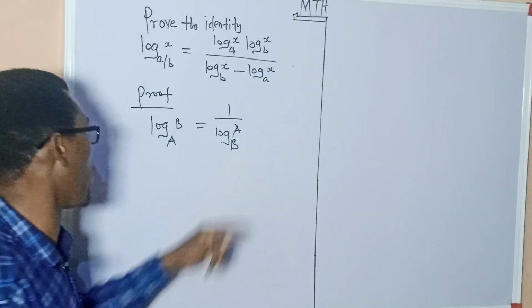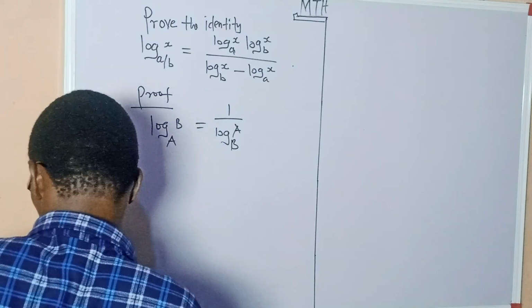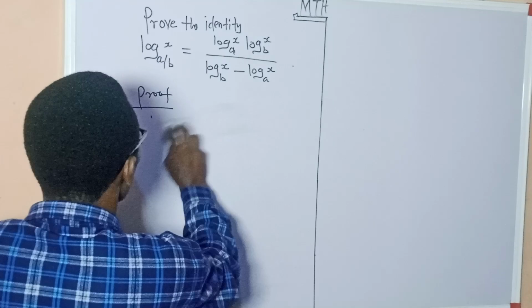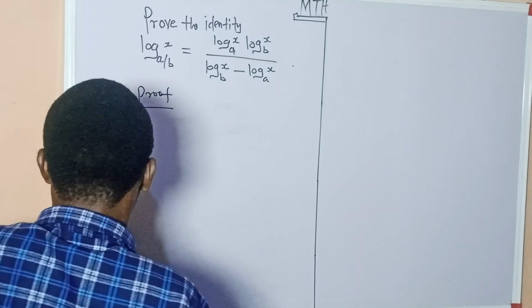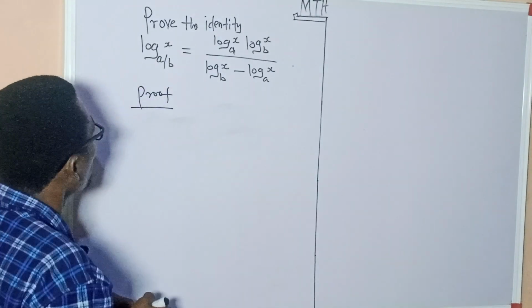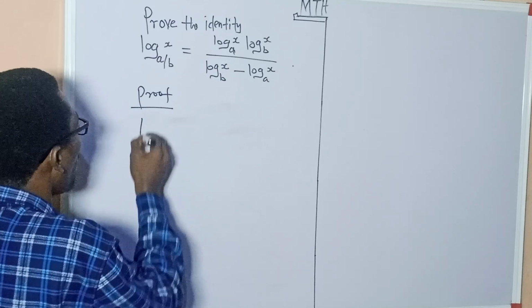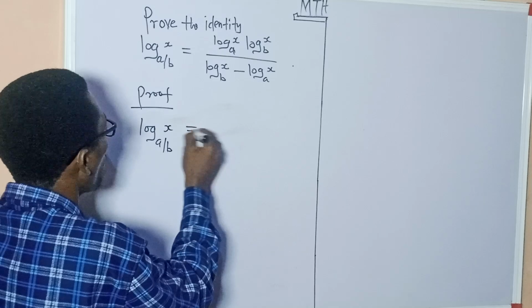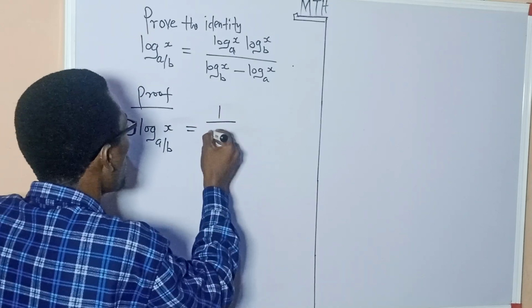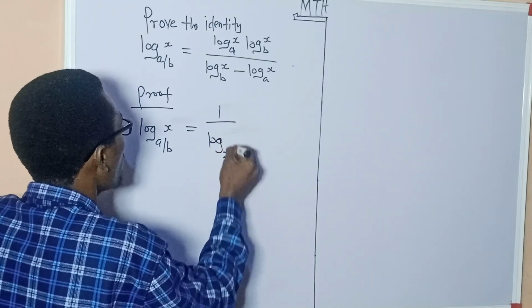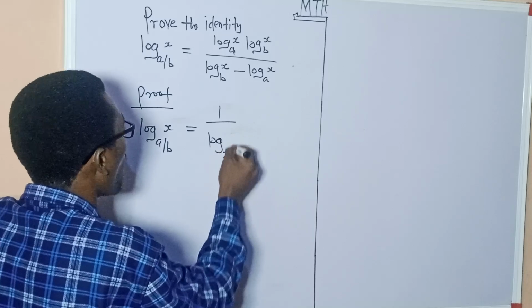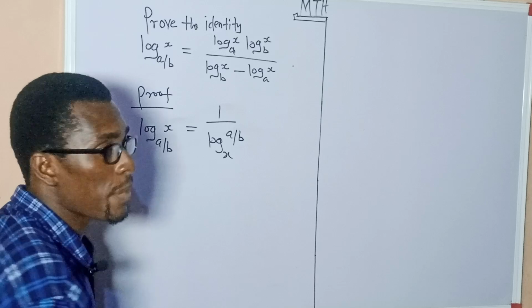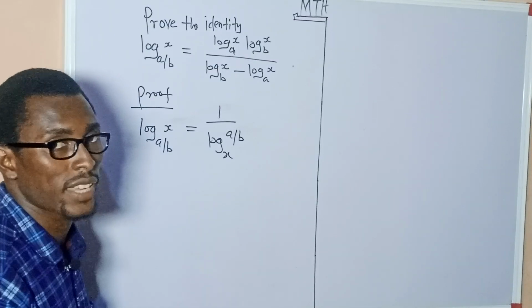So I'll erase this from the board now. From the law I quoted, log to base a over b of x will be equal to 1 over log to base x of a over b. Now, there is another important law that you need to be acquainted with.